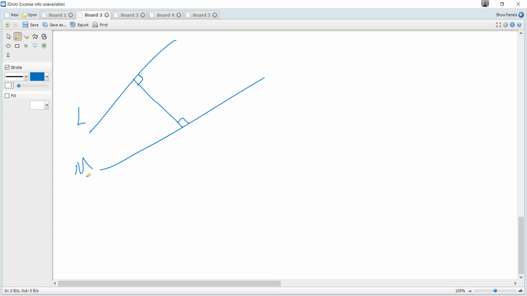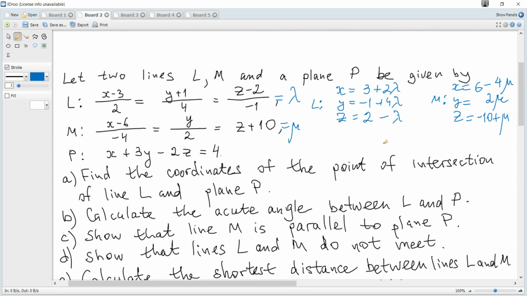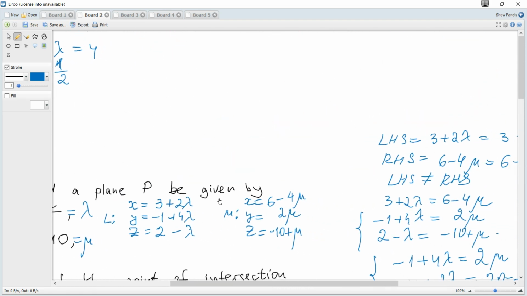And there are two methods how to find this shortest distance, and let's write here.